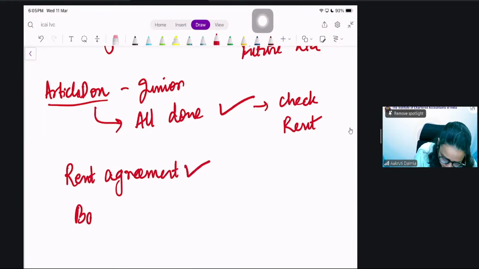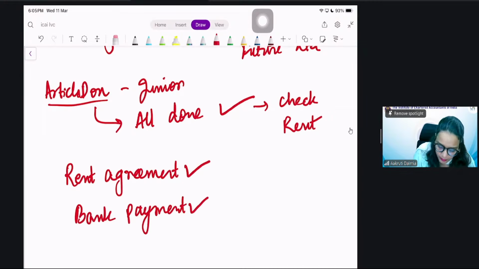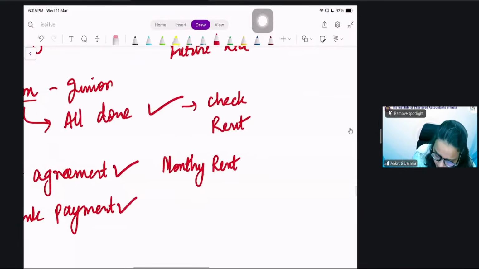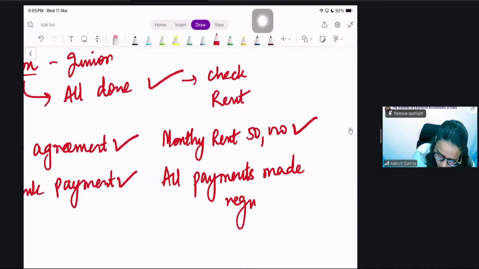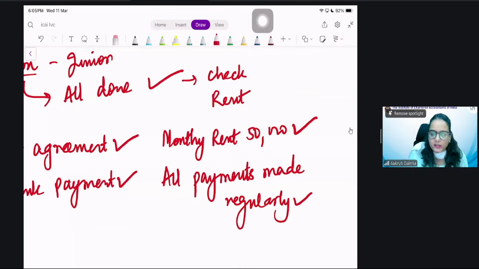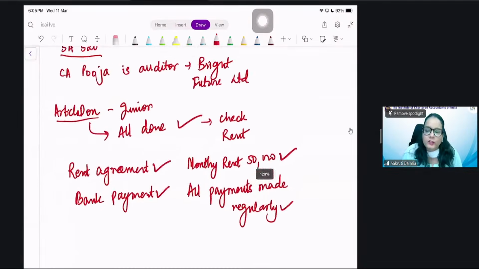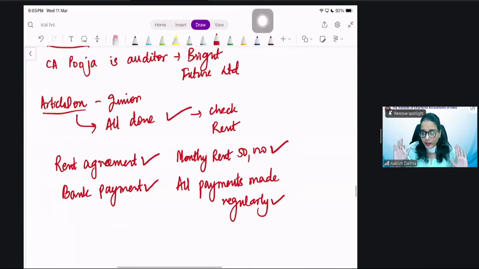I have checked bank payments. Done. I have seen that the monthly rent as per the agreement and as per the bank payment is 50,000, and all payments were made regularly. So our Don is very happy and very confident that he has checked everything. Everything matches.